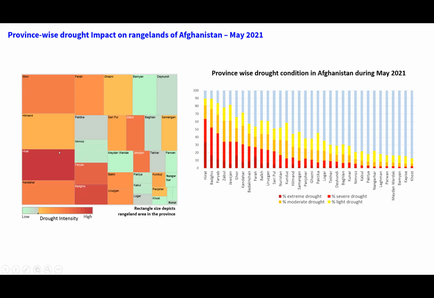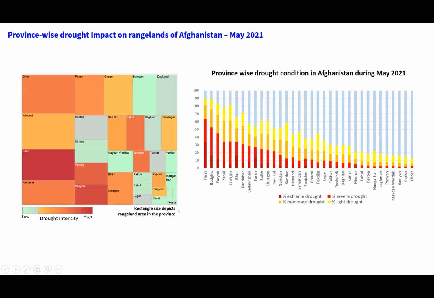The size of the rectangle is giving the rangeland area, and the color of that rectangle is giving the severity. For example, if I say that Kunar province is in a good situation, but I only communicate that, it can miscommunicate, because a lot of animals are not dependent on those rangelands, since the rangeland area itself is very small.